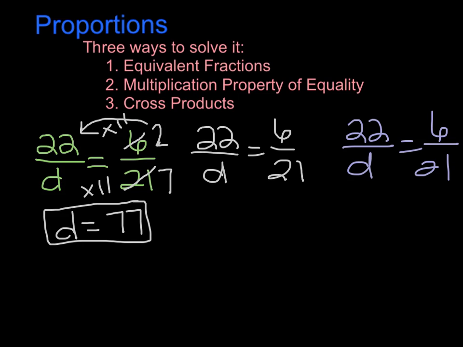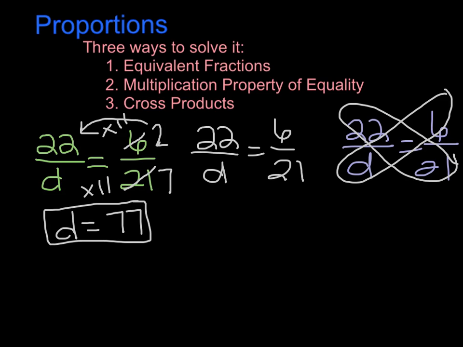I will show you the second way on a different problem because I don't want to confuse you with this one. So I'm going to skip right over to cross products. When you solve a problem using cross products, you multiply your means and extremes and set it up as an equation.